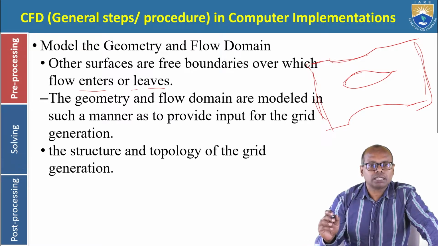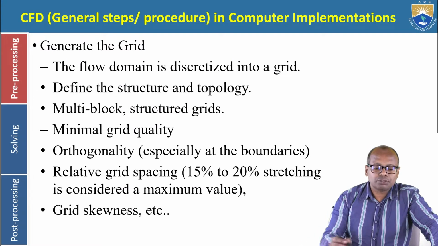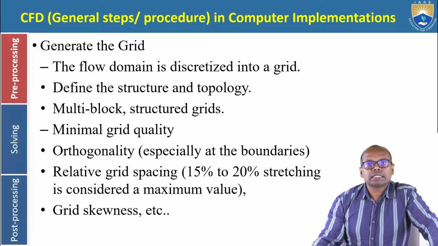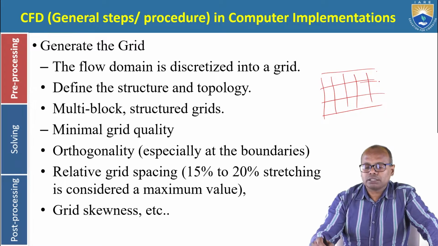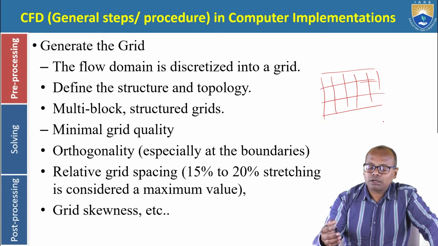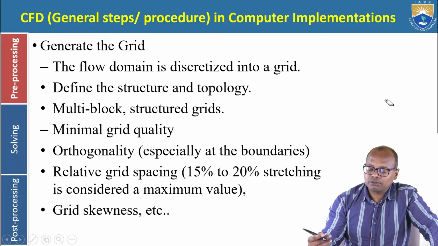The modeling is done. Now we have to do the grid generation. So the flow domain is to be discretized into a grid. What do you mean by grid? Suppose a rectangle is made into parts like this. This is called a grid, or sometimes you can use triangular ones also.